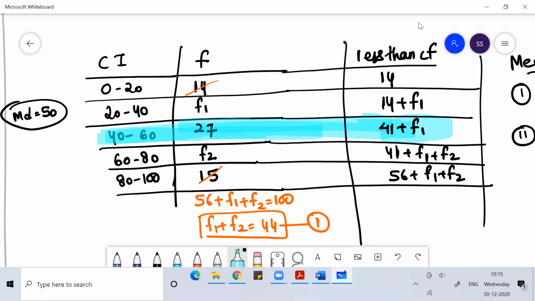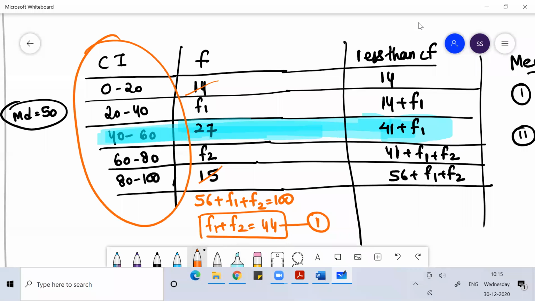Otherwise you cannot, because whenever we do median calculation, we are just trying to search within this. So your required class interval should be 40 to 60, your frequency should be 27, and the cumulative frequency before it should be 14 plus f1.